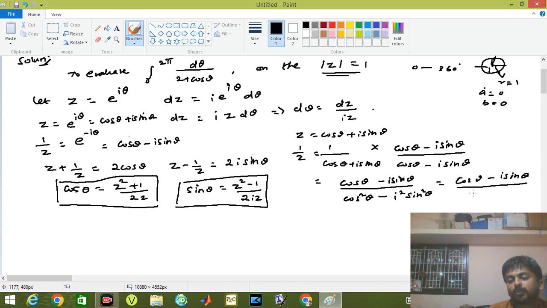I square is minus 1, so we will have cos square theta plus sin square theta, which is 1. So 1 by z equals cos theta minus i sin theta.